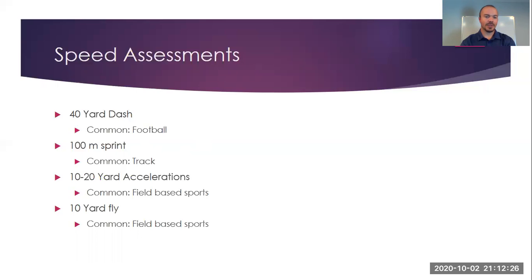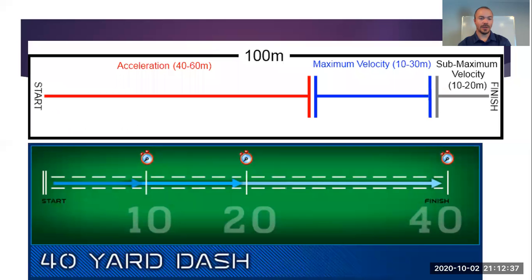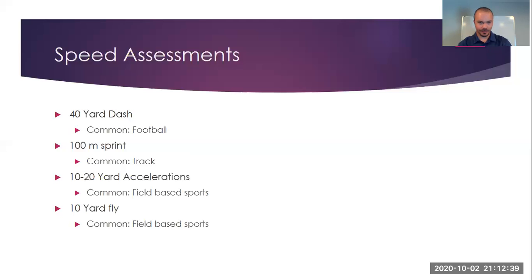So those 10 to 20-yard accelerations, just giving the athlete a short amount of time to produce that force and to see how fast they are. And then that 10-yard fly is perhaps giving them an approach zone of maybe 20 to 30 yards, and then only timing them.